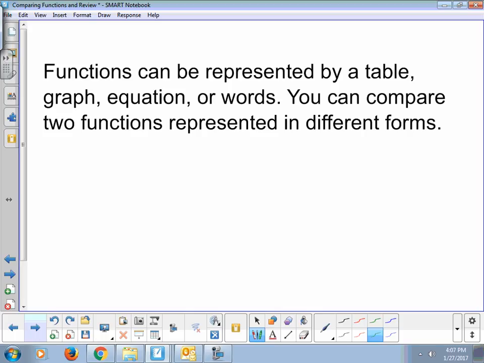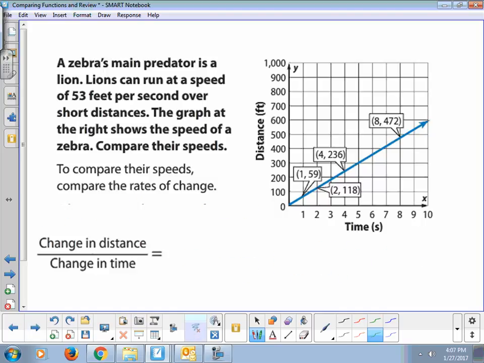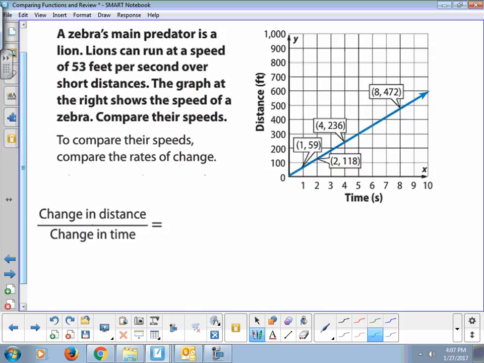So, functions can be represented by a table, graph, equation, or words, and you can compare 2 functions represented in different forms. For the first example, we have that a zebra's main predator is a lion. Lions can run at a speed of 53 feet per second. So we know our rate of change or our slope for a lion is 53 feet per second.